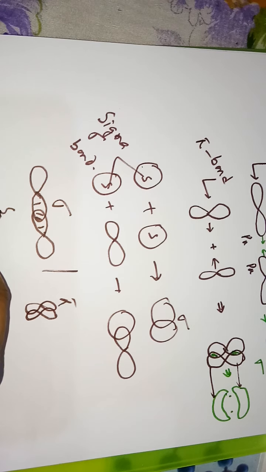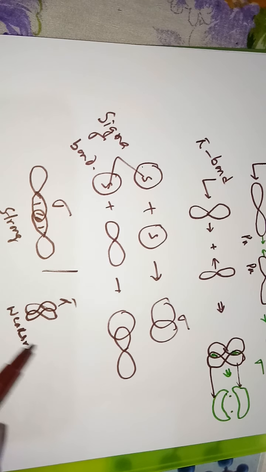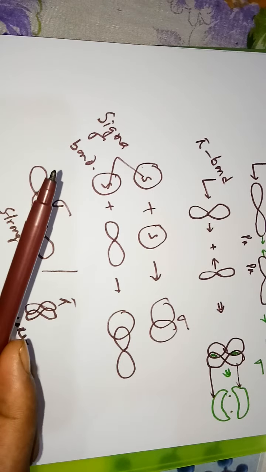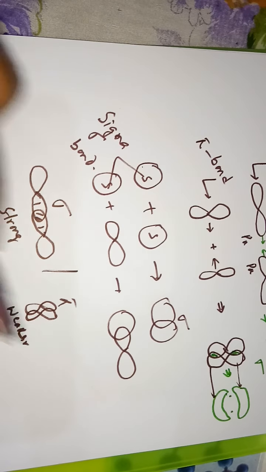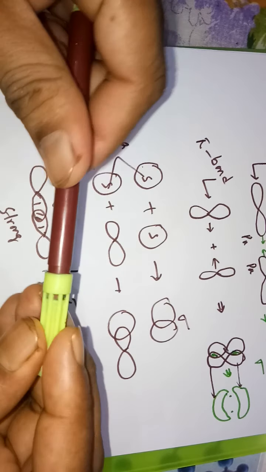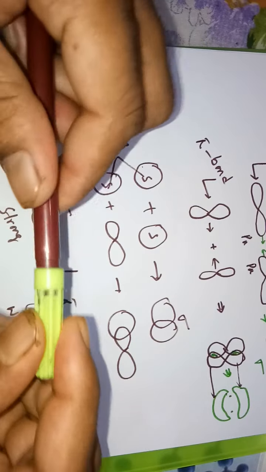Sigma bond is stronger, pi bond is weaker. Because in a sigma bond, one atom can rotate against the other like that. If you have two atoms joined by a sigma bond, one can rotate against another, so sigma bonds are stronger.